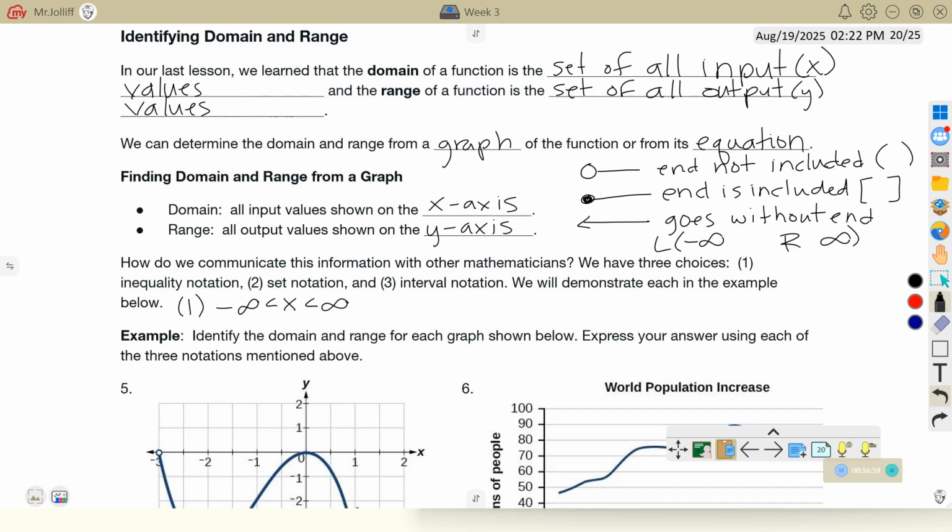That means that my graph goes forever in both directions, out the sides of the graph. That's an example of inequality notation. In inequality notation, you're always going to have your variable, an inequality symbol, and some numbers in there somewhere.